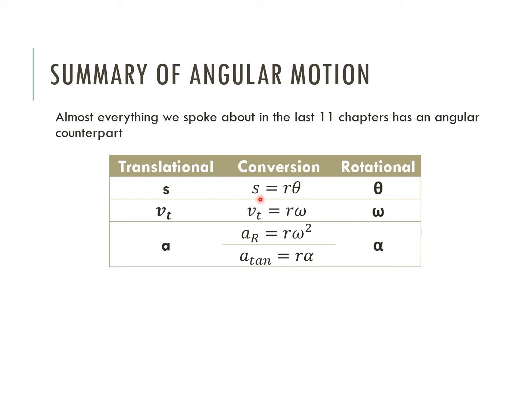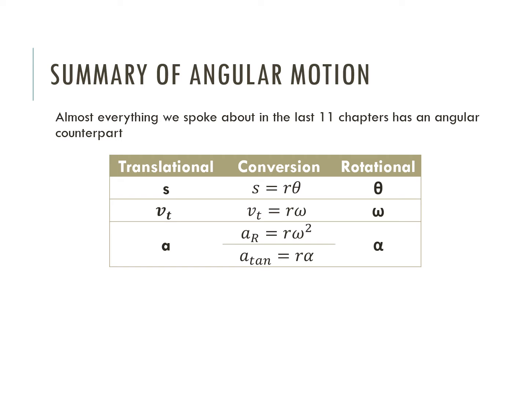And so for that, we have conversions. Our translational variable is equal to the rotational variable times r. So in particular for acceleration, we need the tangential acceleration to be related to the angular acceleration. And that's because that's going to cause us to speed up or to slow down. The radial acceleration points in towards the center of the circle, and it causes our object to rotate.